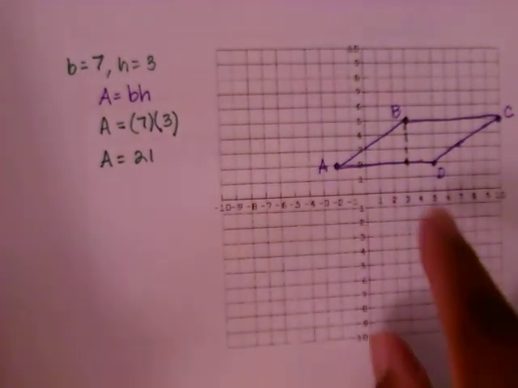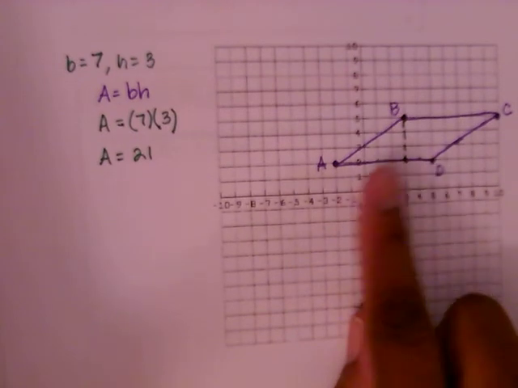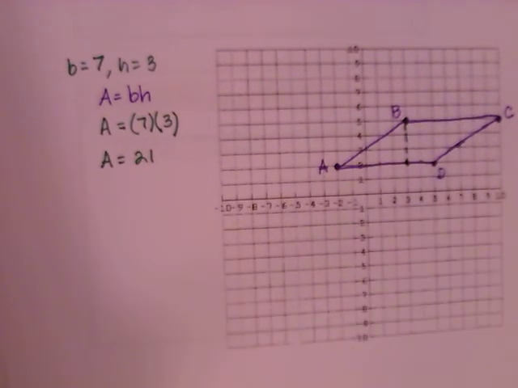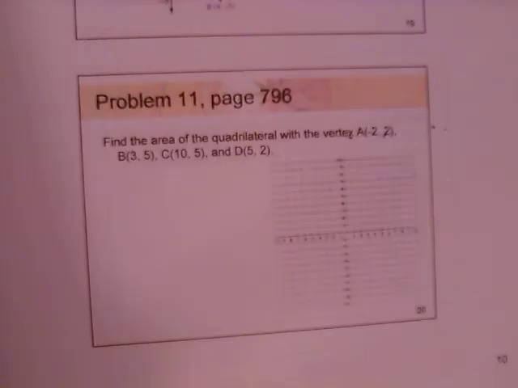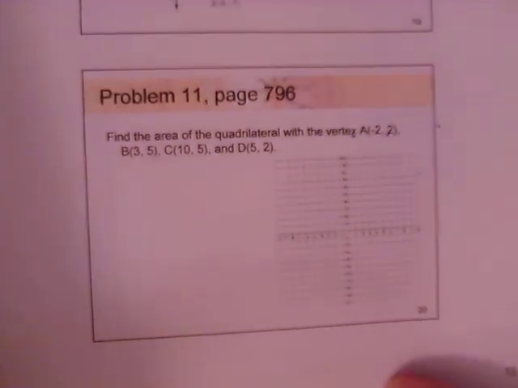So it does help to plot those ordered pairs on the coordinate plane and connect those points to form that parallelogram so you can see what this is. And here I didn't have to use the distance formula, in this case, or in the other example as well.